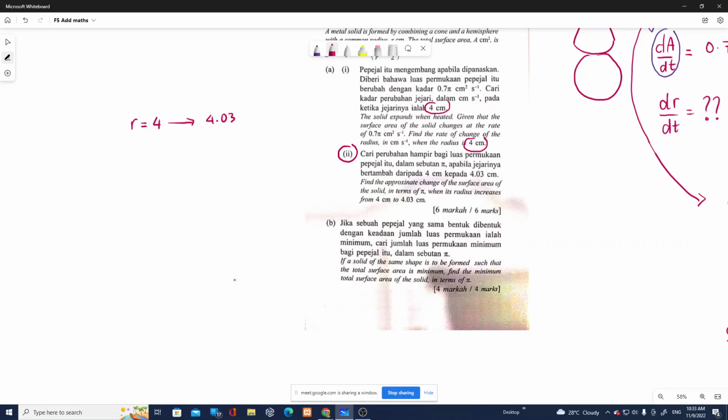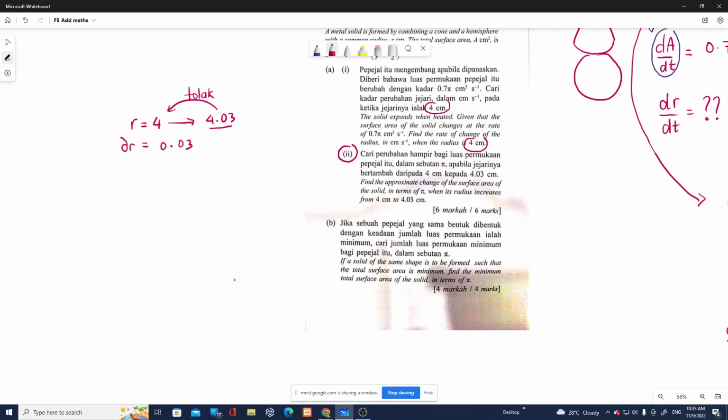Faiz, understand? So what is our perubahan kecil dalam jejari? Simbol ialah apa? Delta R, betul? Delta R is 4.03 tolak 4 jadi 0.03, itu jejari.